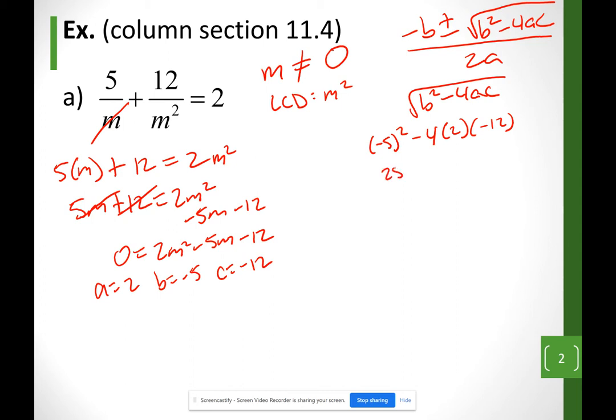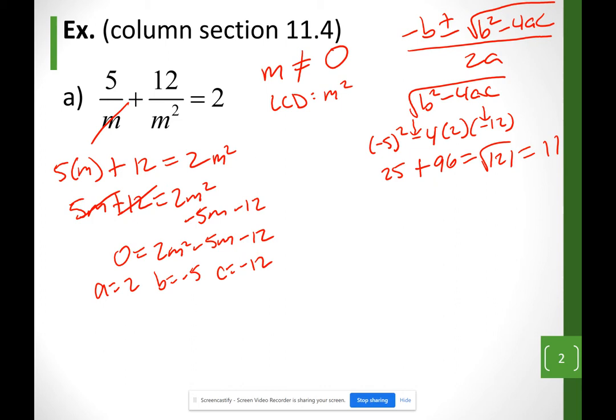So I have 25 plus. I'm calling it a plus because 2 negative signs make a positive. Now 4 times 2 times 12, that's 96. 25 plus 96 is 121. And then I'm going to do the square root of it, 11.